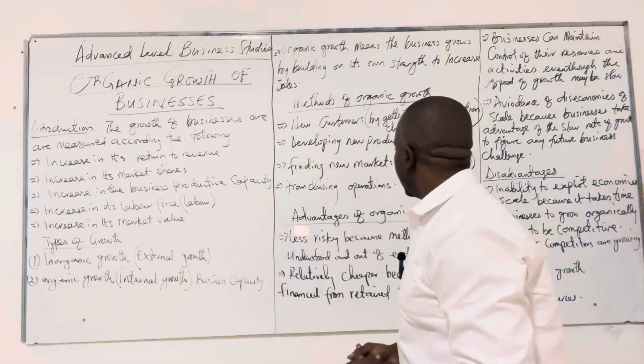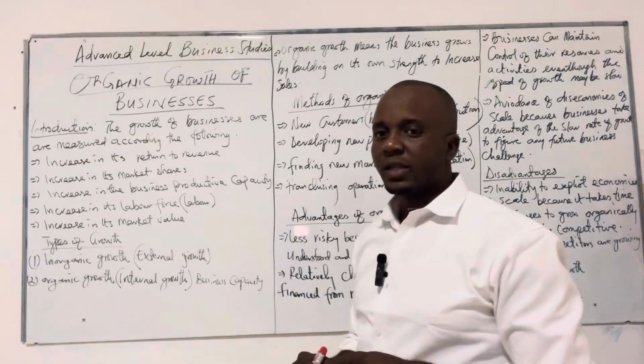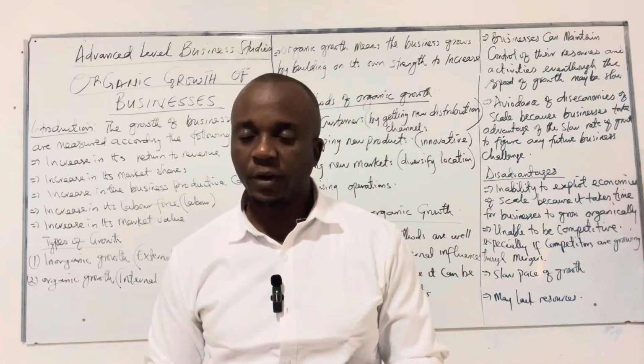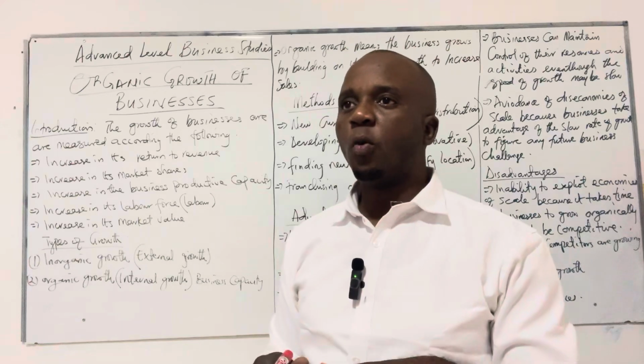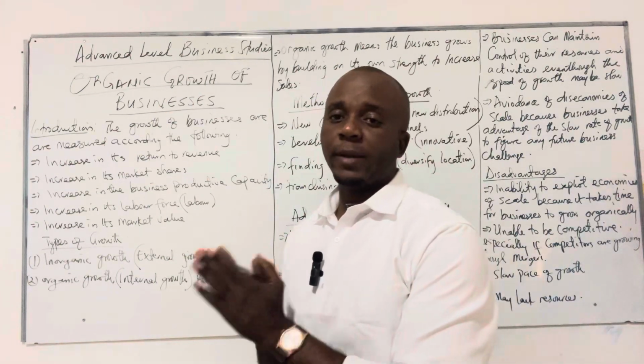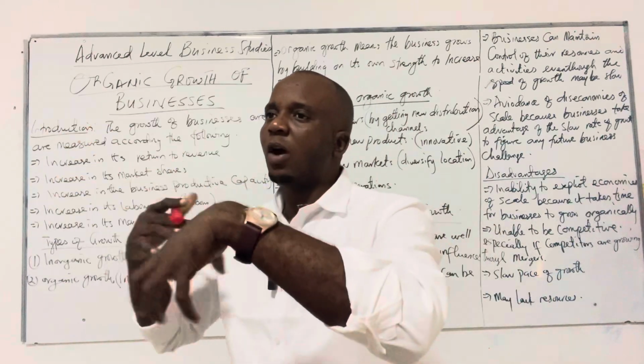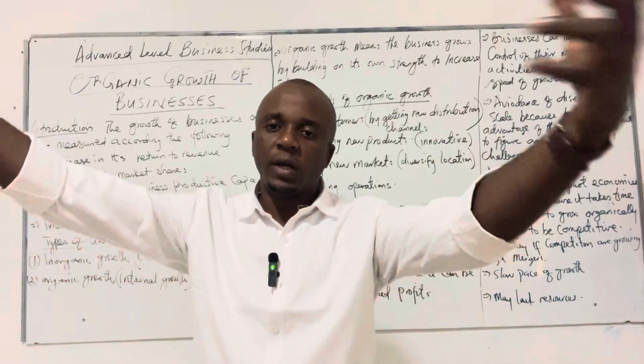The next method is finding new markets. I said diversifying the location of the business. For example, businesses can operate in different regions within a country. They will not decide to be in a particular region. If they are in a particular region, they will try to check how they can extend their services to other regions.